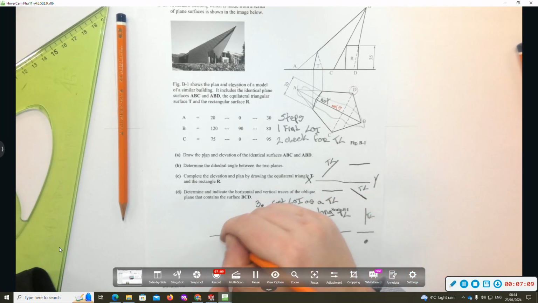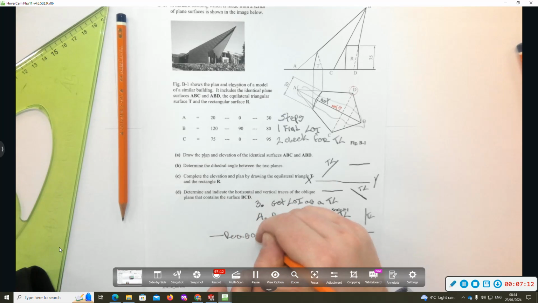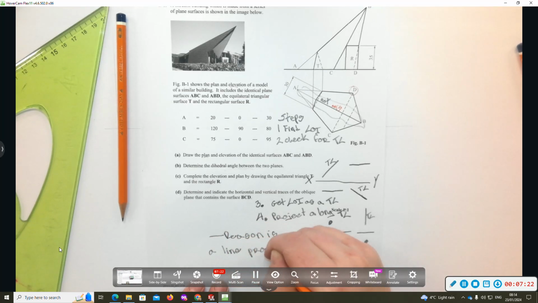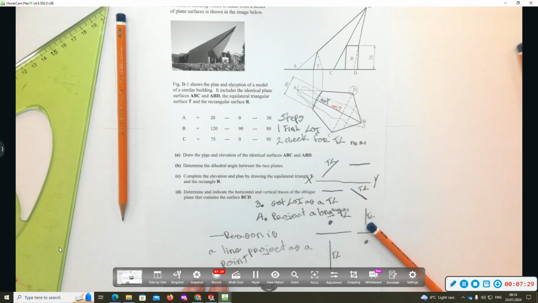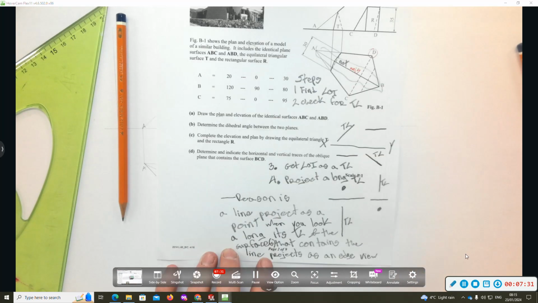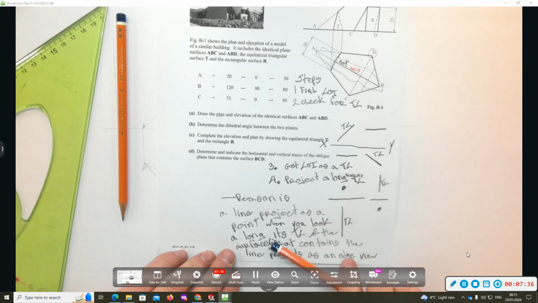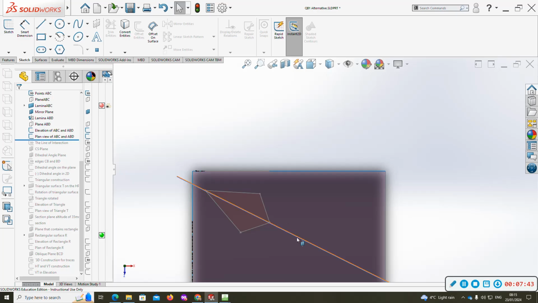And the whole reason is because if you look along the true length of a line, it projects as a point. Line projects as a point when you look along its true length, and the surface or surfaces that contains the line projects as an edge view. And when two surfaces appear as edge views, you can see their dihedral angle.